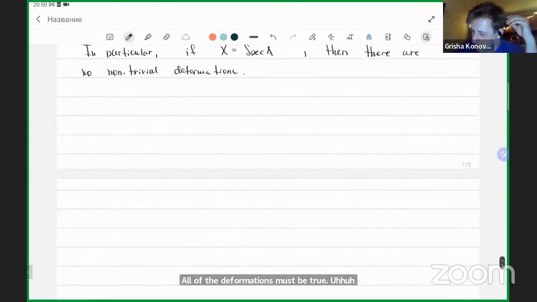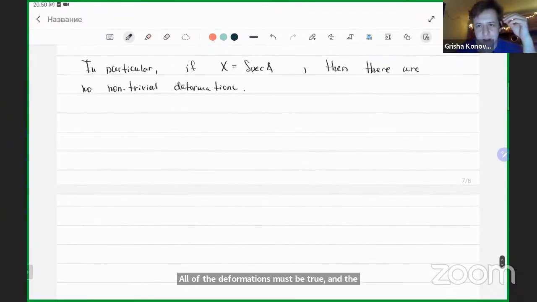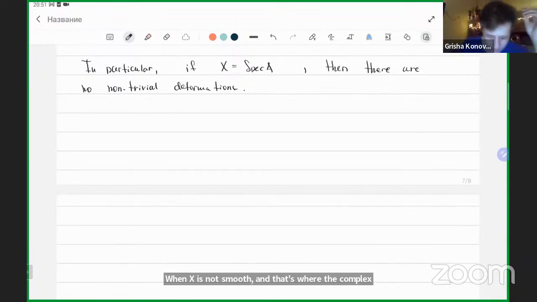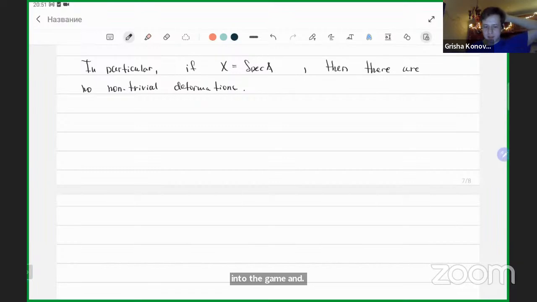And this statement fails when X is not smooth. That's where the cotangent complex comes into the game. Let me briefly define the corresponding deformation problem in a homotopy invariant way.